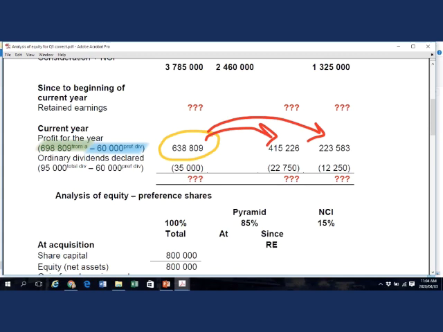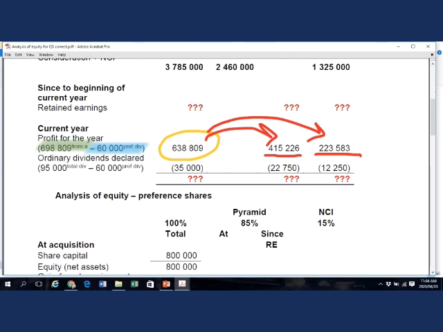This then gets attributed to both the parent and NCI at their respective percentages. So this 415,226 you're going to see is now added to the retained earnings balance, and this 223,583 is added to the NCI balance. Together with that, an ordinary dividend was declared during the current year. Please note we're working with the dividend of the subsidiary in the analysis of equity.